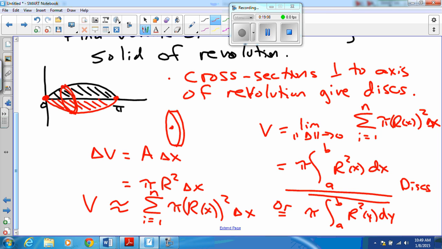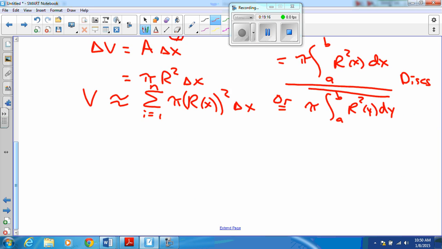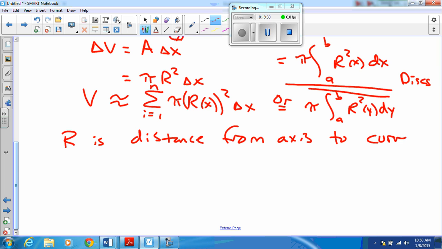So this function is r = sin x. Okay, so let's examine. The only tricky thing about this really is finding the radius. And the radius is actually very easy if you remember that the radius is the distance from the axis to the bounding curve.